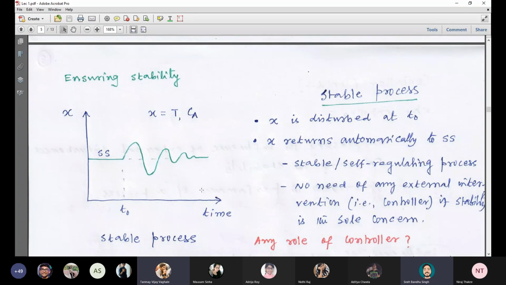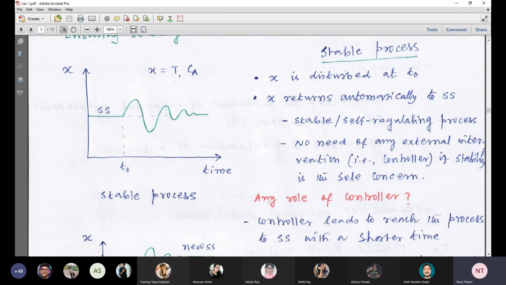And sir, it might happen that the new steady state is something different from the earlier steady state. Correct. What's your roll number? 19CH30024. Very good. You both are correct. So that's why we want to use one controller.